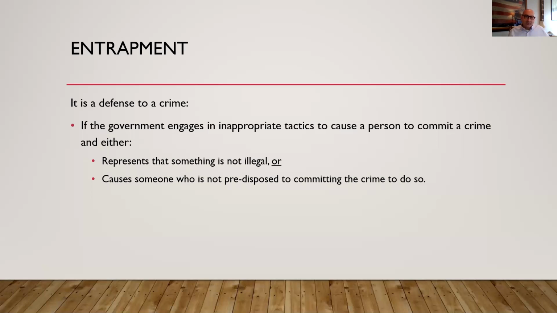Why does it matter? Well, the one actually involves testimony about the defendant himself. The other just asks what behavior the government was engaged in. Pennsylvania uses the objective test. It's designed to deter law enforcement more so than to make sure that this person isn't punished for a crime he or she otherwise wouldn't have committed.